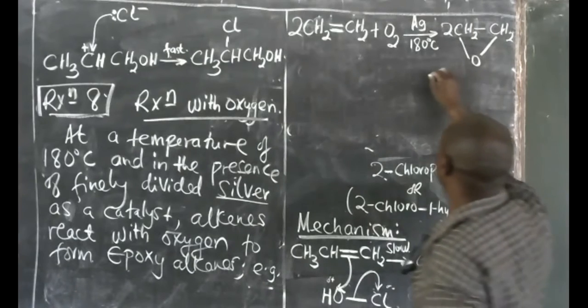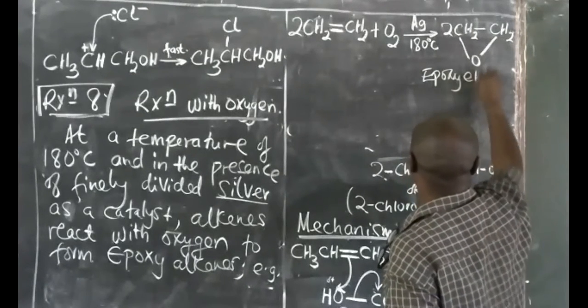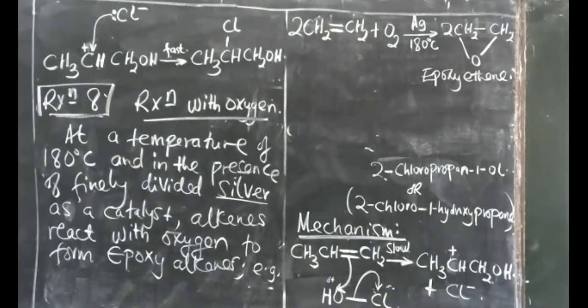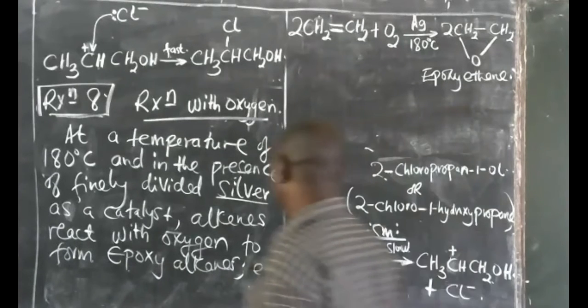This one is epoxy ethane. And then the epoxy ethane can now readily react with water at 160 degrees centigrade to give us a diol.